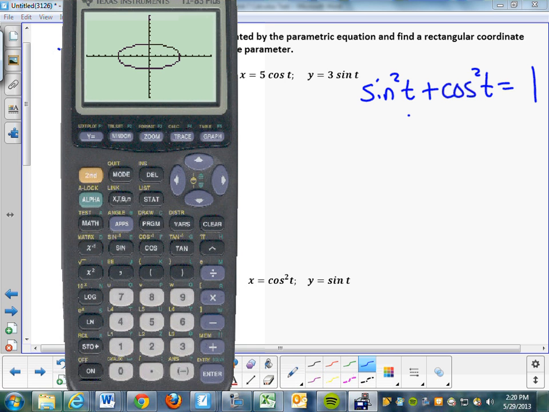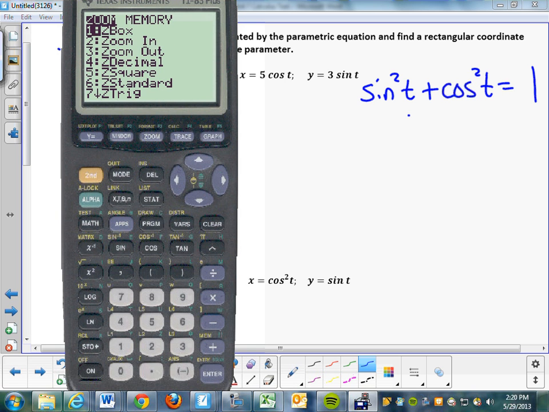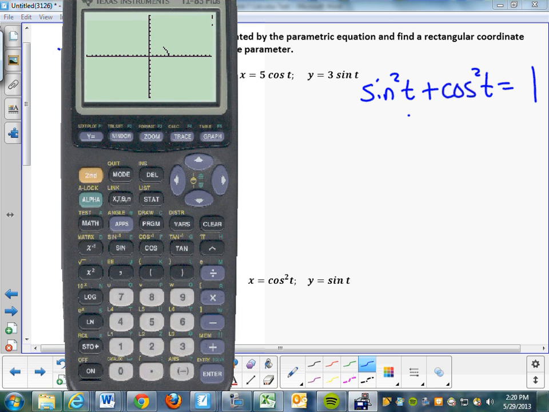What shape do I get? Well, we don't know if it's a circle until we zoom as a square, number 5. So let's see what that gives us. It's an oval, but in mathematics we don't use the word oval, we use the word ellipse. This is an ellipse.